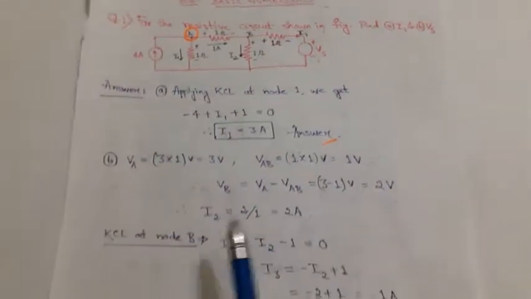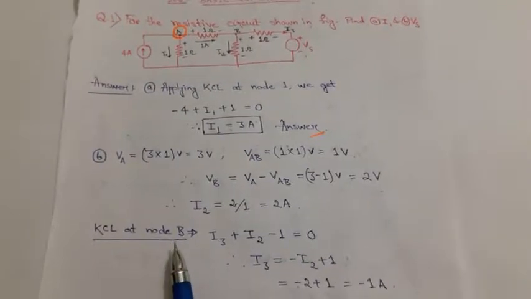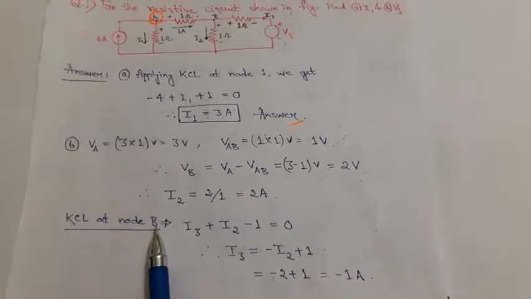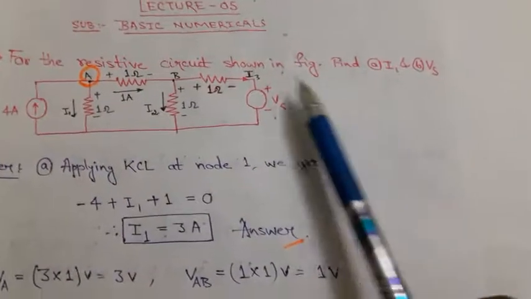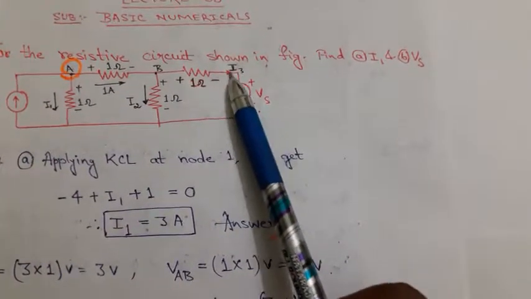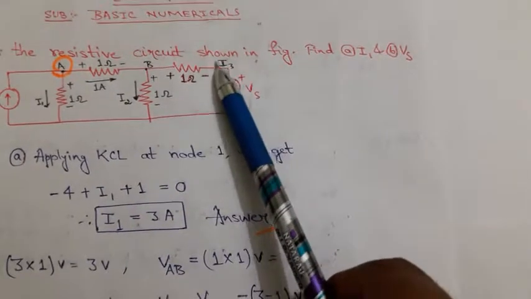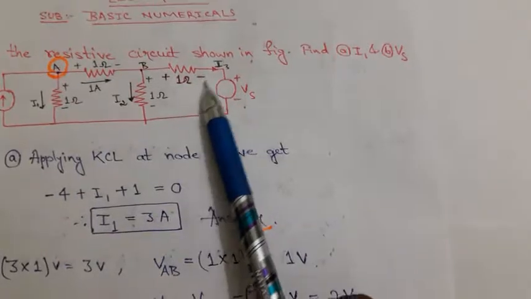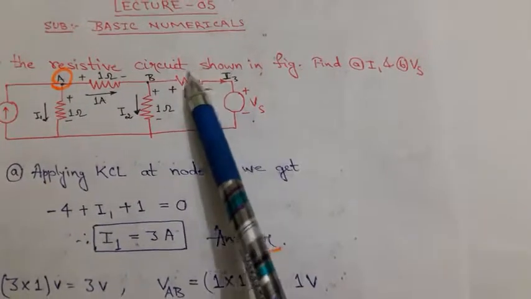Now I will apply KCL at node B. Why will I apply KCL at node B? Because I want to find this current. If I can find the value of the current I3, then I can easily find the voltage drop across this 1 ohm resistor.